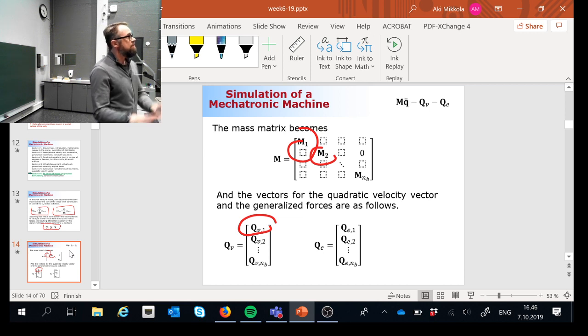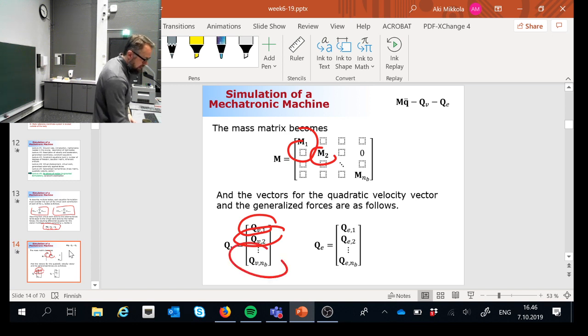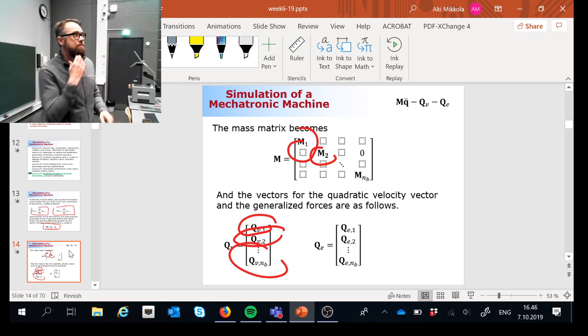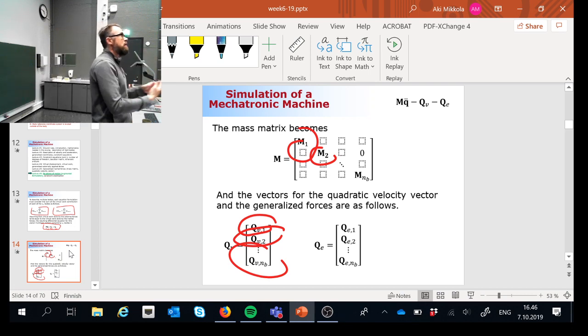That's what's going to give you the equation of motion. So here's my second body, and then I'd go all the way to NB bodies. Externally applied forces, the ones associated with the first body, will be 3 components, and they will be located here. Second body, 3 components, they will be located here, and so on and so forth. So that's how it goes.